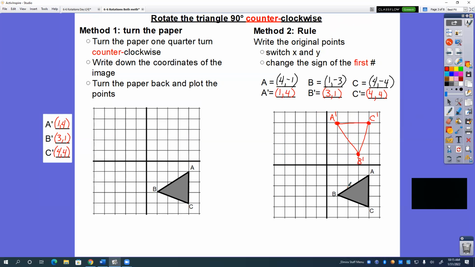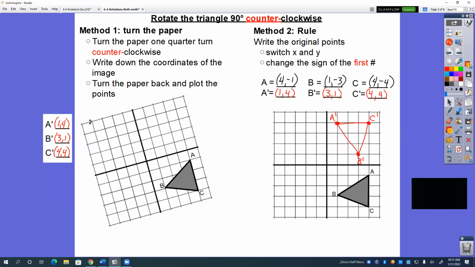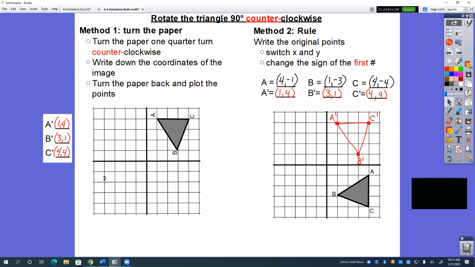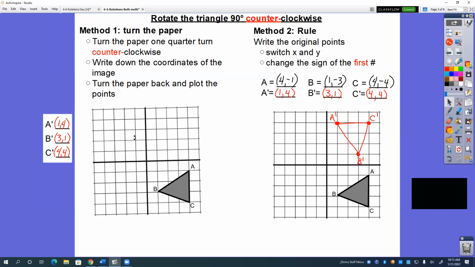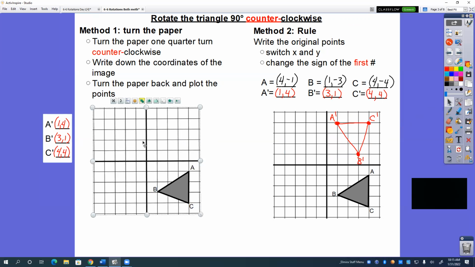Okay, all right, so same thing example here. So again, we can rotate our paper counterclockwise, so we turn it to the left, and our new coordinates would be A is positive 1, positive 4, B prime would be 3, positive 1, and C prime would be 4, positive 4. Okay, and then again, turn paper right side back up, and we draw in our new coordinates.